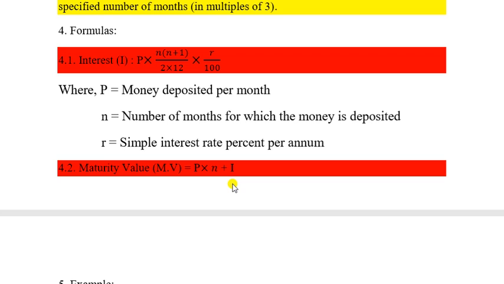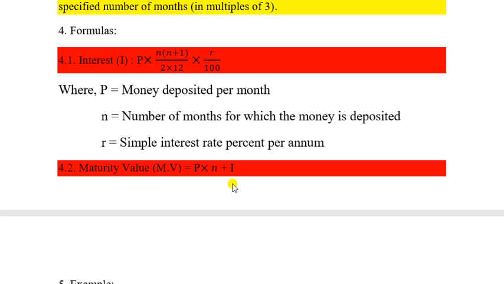But see here, we are going to find interest on a recurring deposit account. So for that we have to use a slightly different formula. We have learned before in class 9, simple interest is equal to P into R into T by 100.